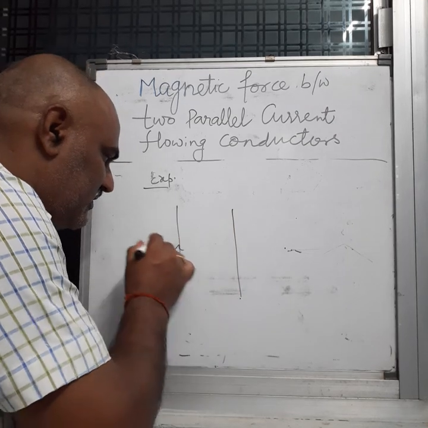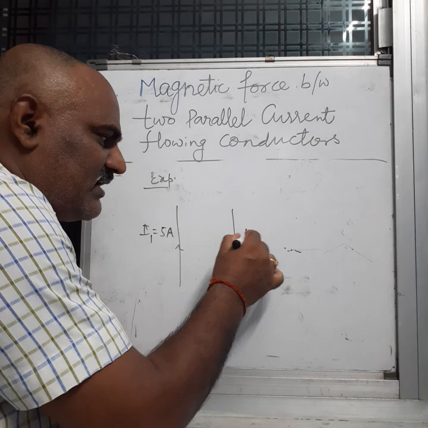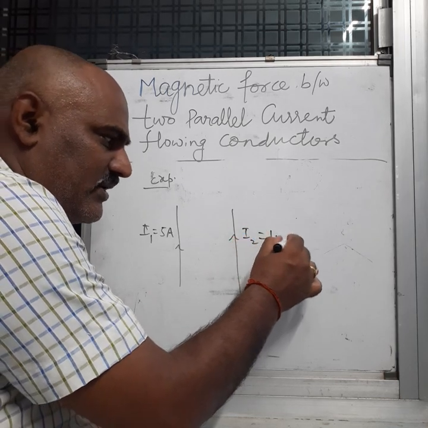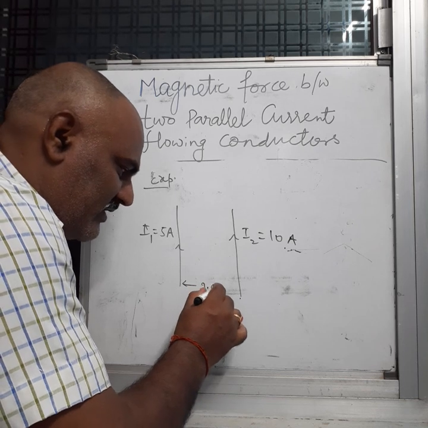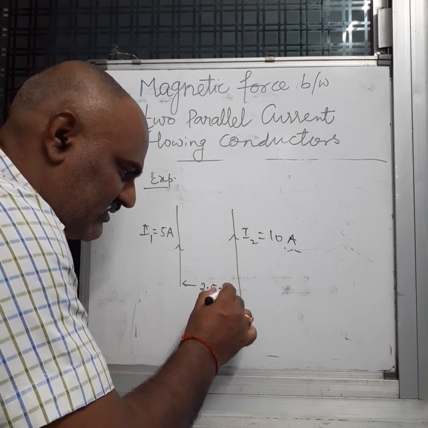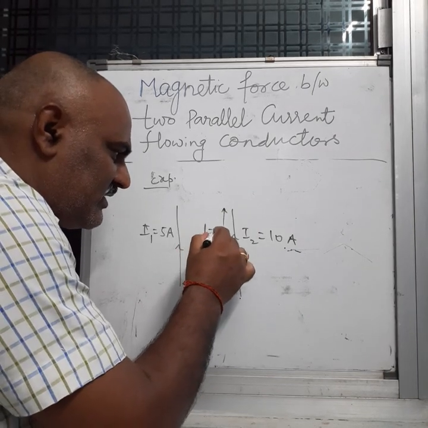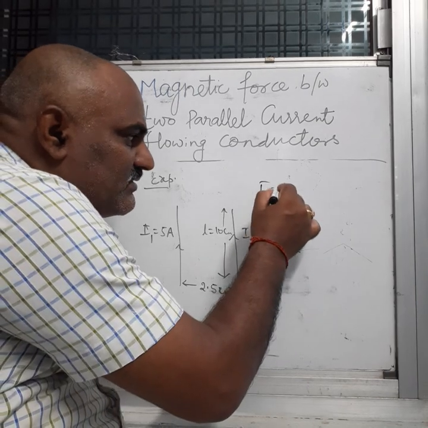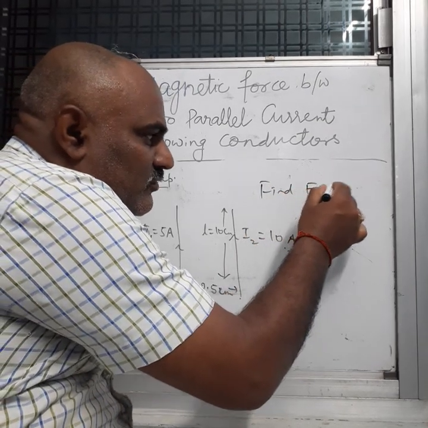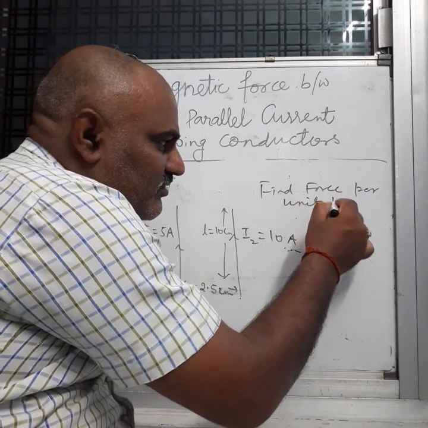Make sure I1 is 5 ampere, I2 is 10 ampere, the distance between them is 2.5 centimeter, and the length of this wire is 10 centimeter. Find the force per unit length.